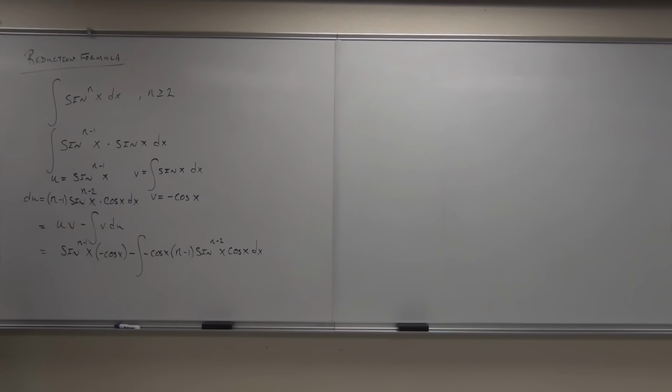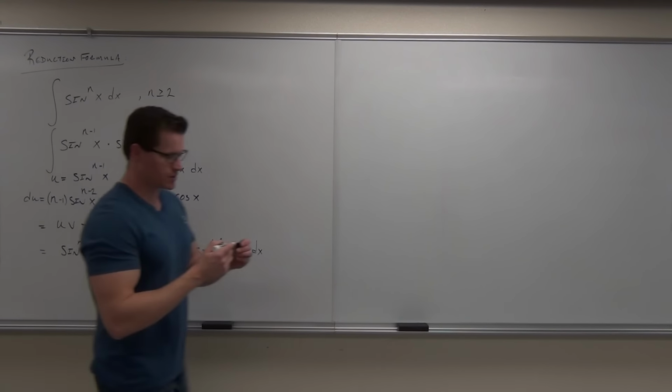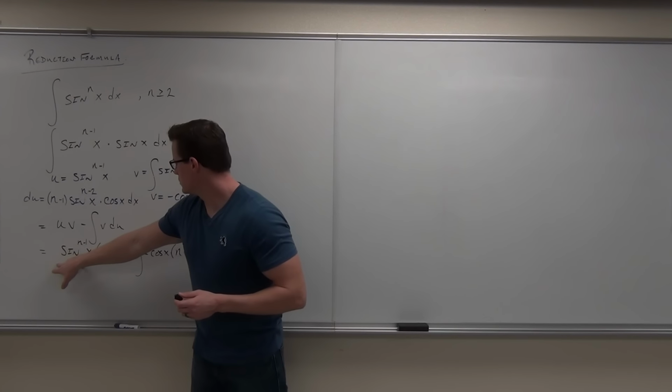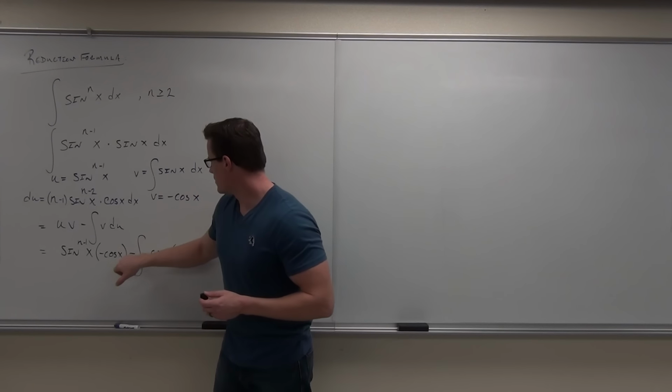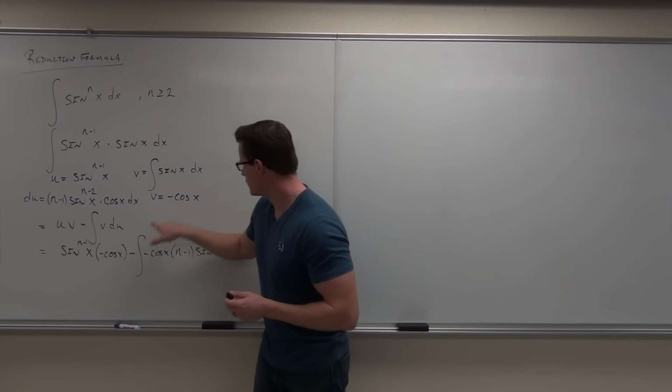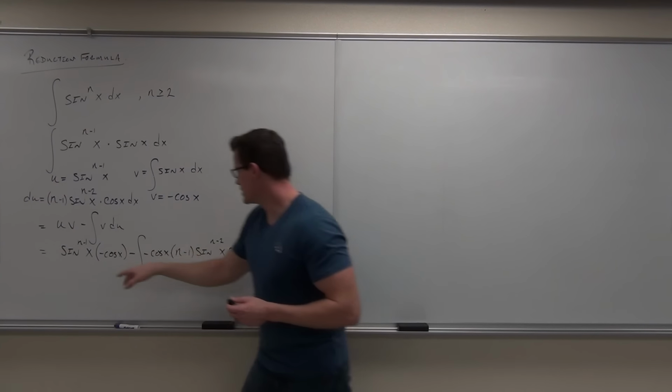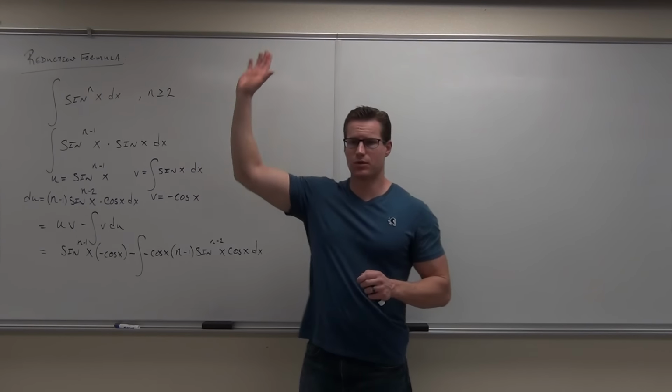I'm going to clean it up in just a little bit, but I want to make sure you guys are okay with this. Do you see where everything's coming from? We've got our u times our v, minus the integral of v, and then this whole mess of junk is du. So we got exactly the same thing. Show of hands if you feel okay with that one.